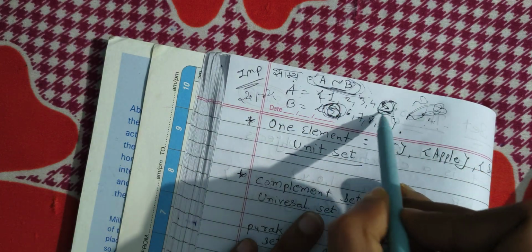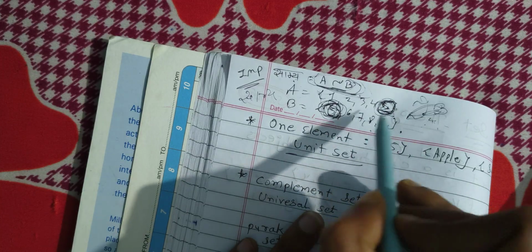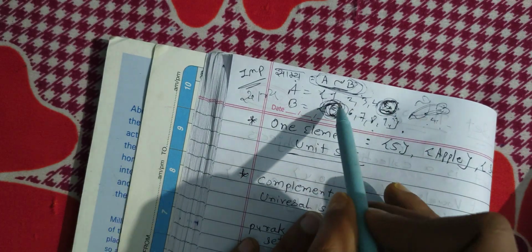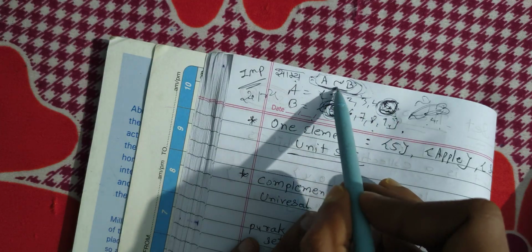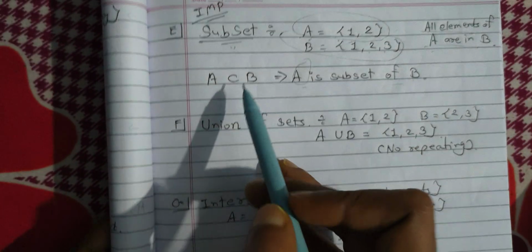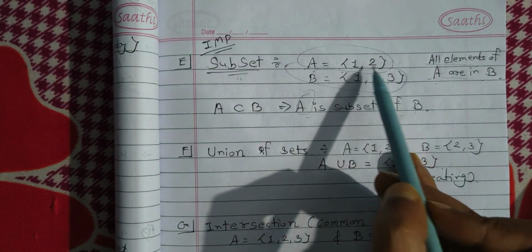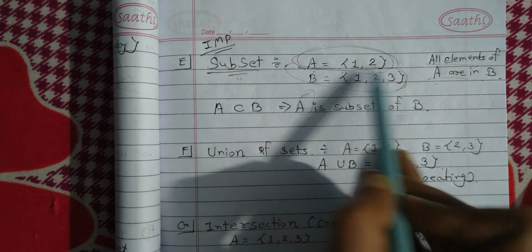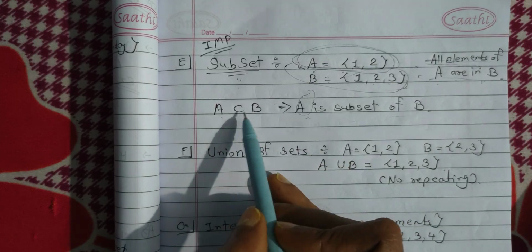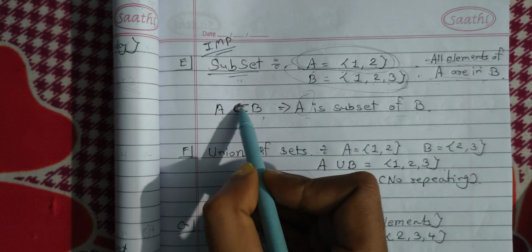No, we cannot write subset here, because only one element is matching here, 5 and 5. Only when one element is similar in both, we can say it is a samyagan. This is the symbol of samyagan. Subset means A, 1 2, and B, 1 2 3, the whole set A comes inside this one. So how can we write it? A subset B. This is the symbol.